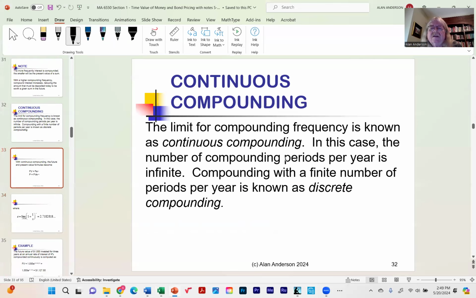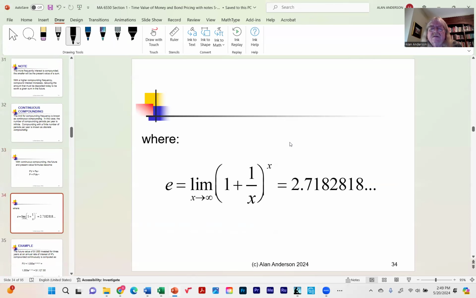Now I think in the slides there's a different, there it is. Oh, it was here all this time. X just goes to infinity. You remember this from Calc 1 or 2. It's towards the very end of Calc 1 or the beginning of Calc 2.